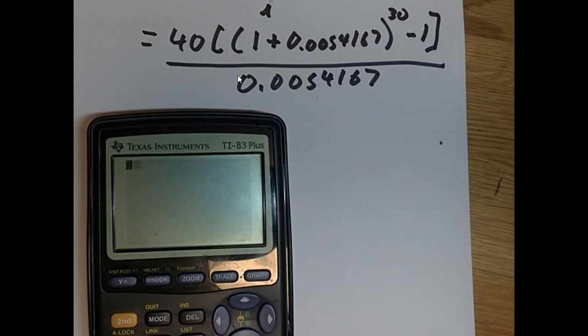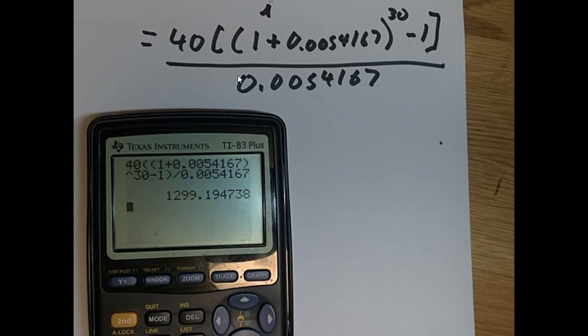Now if you have a two-line calculator, you just type and you can see what you're typing, the double bracket here. 1 plus 0.005417, close the bracket, exponent 30, minus 1, close the bracket, divided by 0.005417. So if you can type it on a two-line calculator, you still put the double brackets exactly what you see. You type, you might have a different exponent button, and you hit equals.